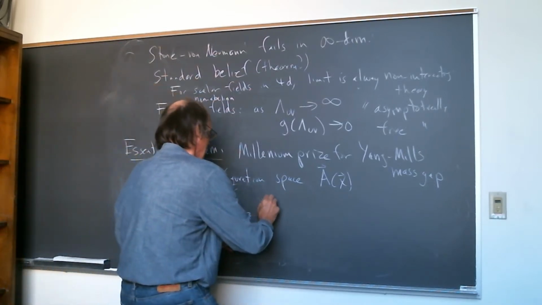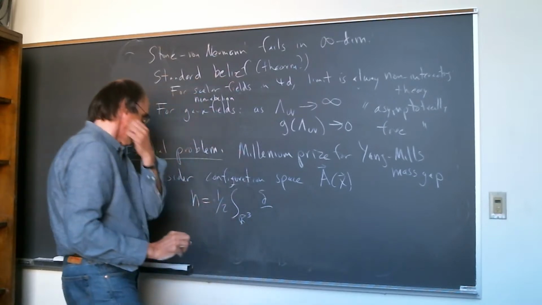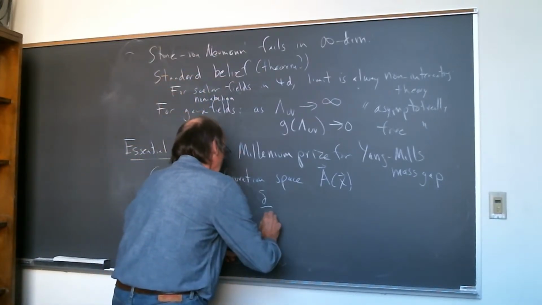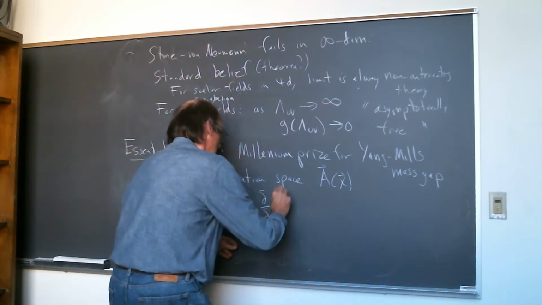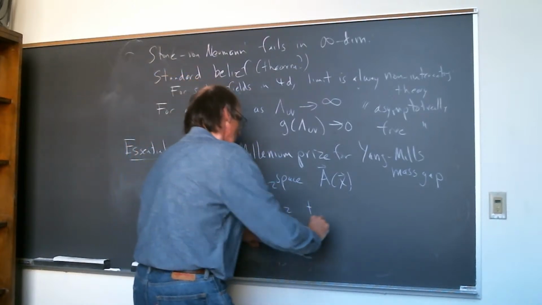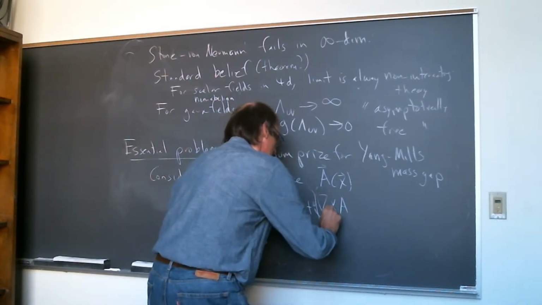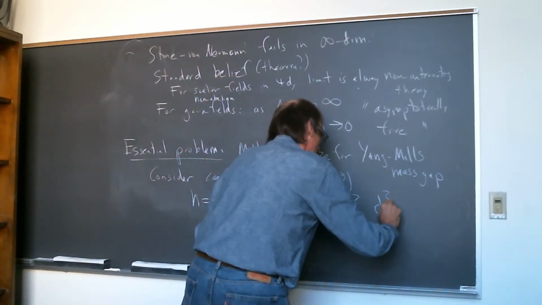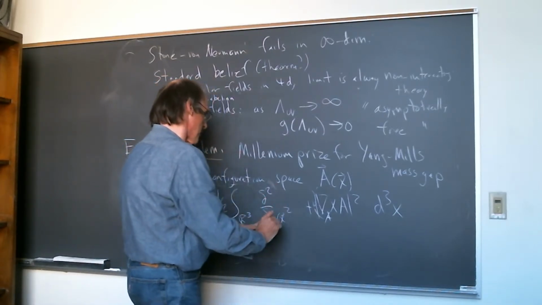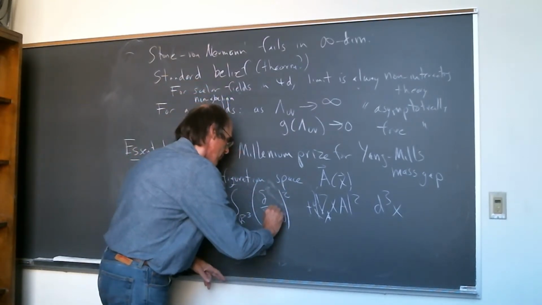So E is like a derivative, delta over delta A of x vector, squared, plus the magnetic term.